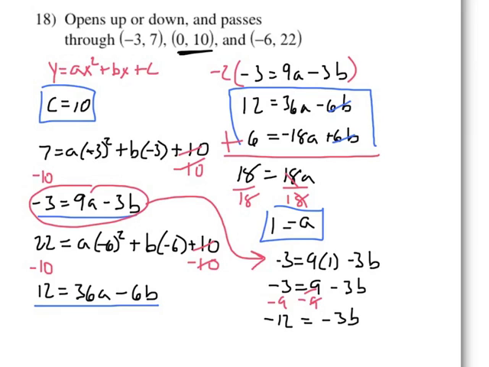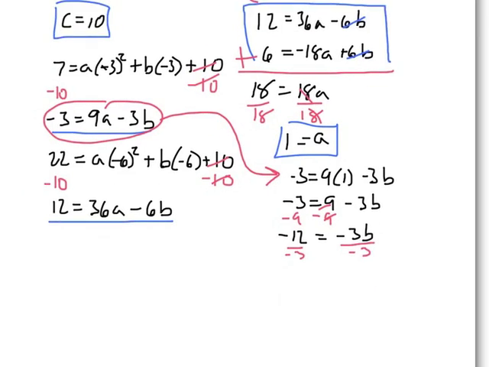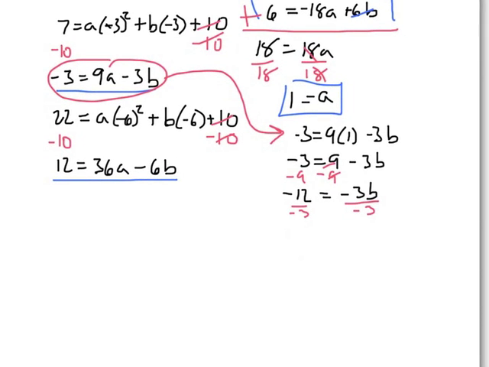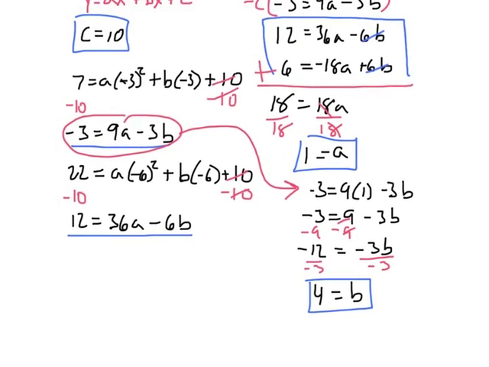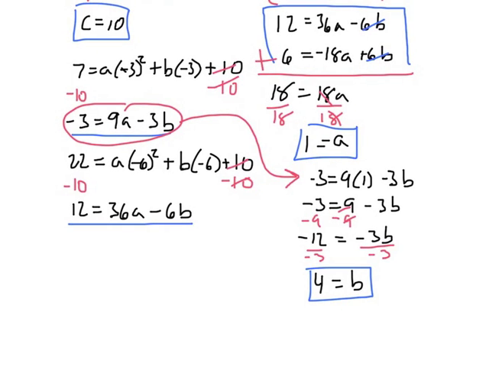And so now we need to divide by -3. So b equals 4. So therefore, we know our a value, we know our b value, we know our c value. We can write the equation y equals 1x squared plus 4x plus 10.